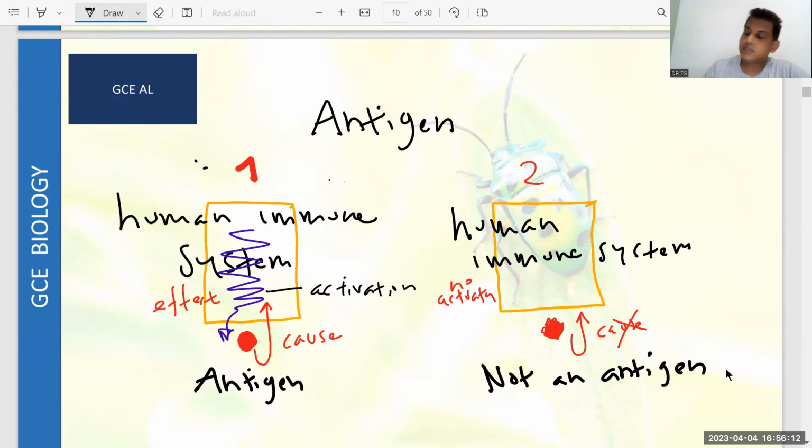Things which do not activate the immune system are not antigen. So antigens are molecules which can activate the immune system.